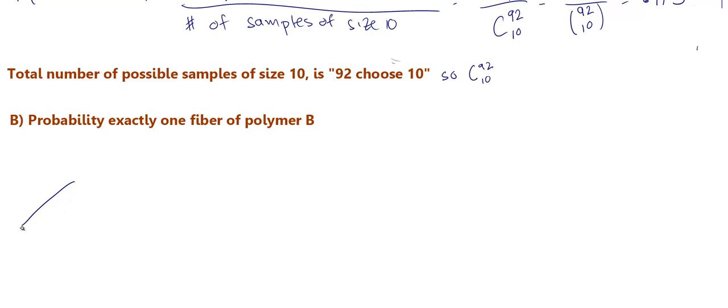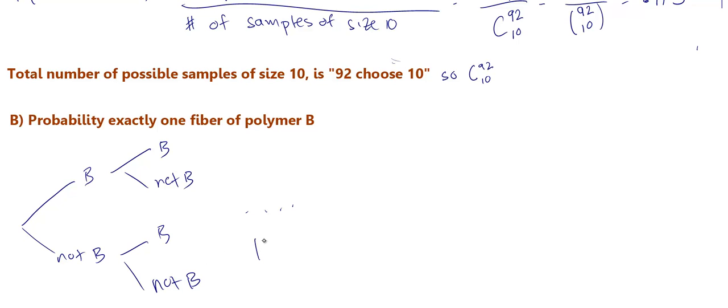So you could say your first one is either B or not B. And then your next one is either B or not B. And this one could be B or not B, etc. And you'd have to do that 10 times. And then at the end, you can go through it and say, which of these combinations have exactly one B, and add up all of those.